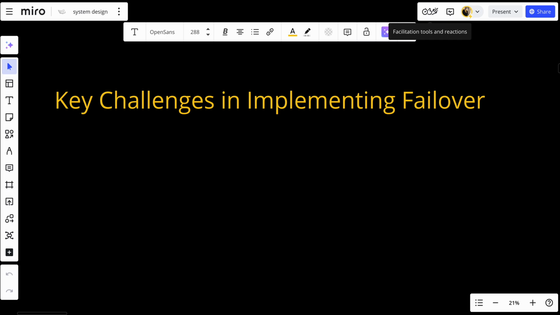Third, data consistency. During failover, ensuring that no data is lost or duplicated is a major challenge, especially in distributed databases. For instance, if a failover happens while data is being written, you need to ensure that the backup database is in sync to avoid inconsistencies. This is why synchronous replication is often used, but it can add latency.